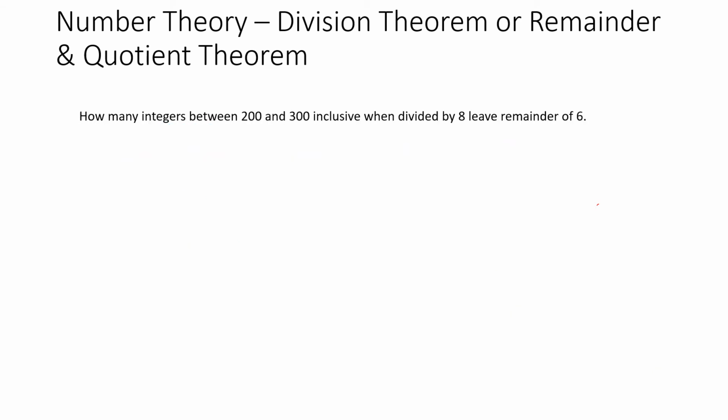The next question is, how many integers between 200 and 300 inclusive when divided by 8 leave the remainder of 6? When I tried this question before, I used to get so confused, but now that I know this theorem, it's very helpful. But once again, I want to point out that we have to read the question properly, because it says how many integers between 200 and 300 inclusive, which means that 200 and 300 will be included.